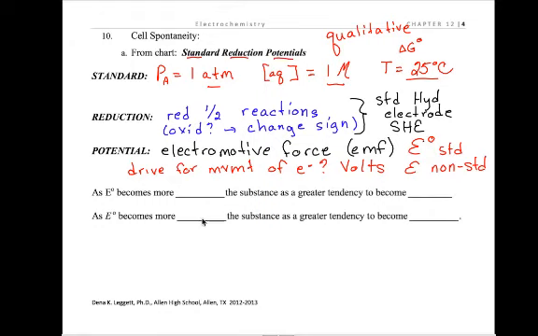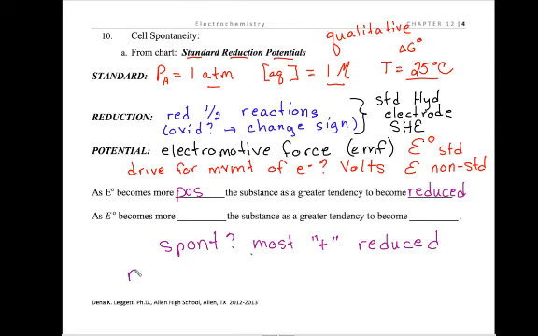Now, as our potential becomes more positive, the substance has a greater tendency to become reduced. So if you're comparing two half reactions and you want a spontaneous system, you want the most positive to be reduced.